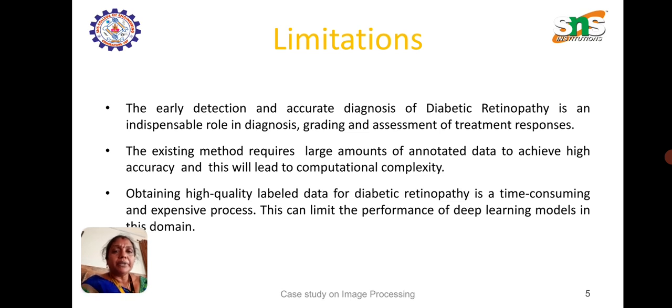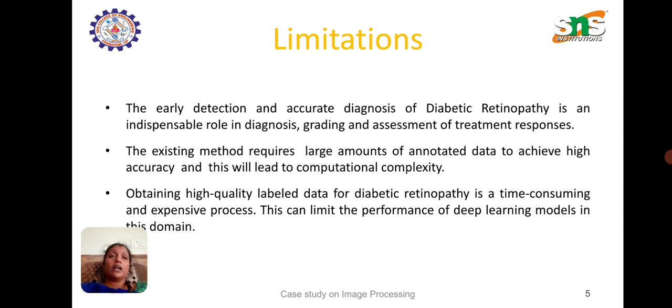So the limitations of some other algorithms used so far, like the CNN algorithm. CNN is the most widely used algorithm in medical image analysis, and also FNN, KNN algorithms, and GAN algorithms with GPU architecture.